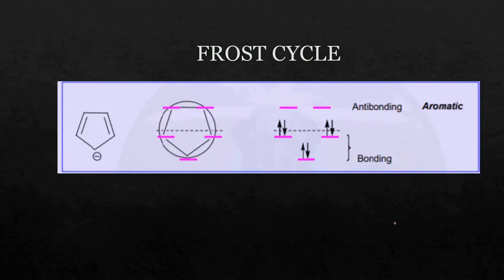Let us take the Frost cycle for cyclopentadienyl anion. So in a similar way, we need to draw a circle, and we need to put one of the vertices of the polygon down, right?